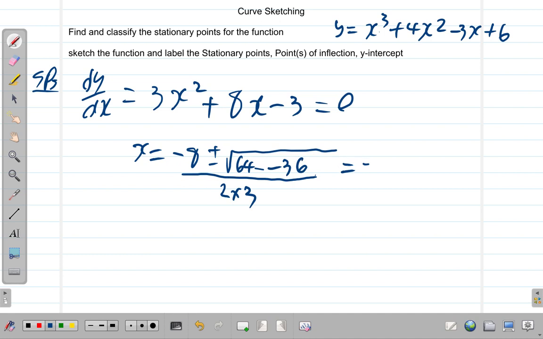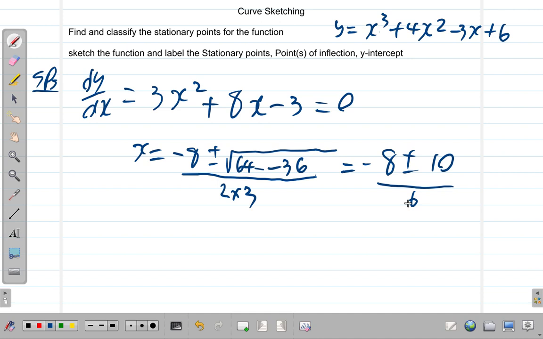Now, this is negative 8 plus or minus the square root of 64 plus 36, which is 100. The square root of 100 is 10, over 2 times 3 is 6.